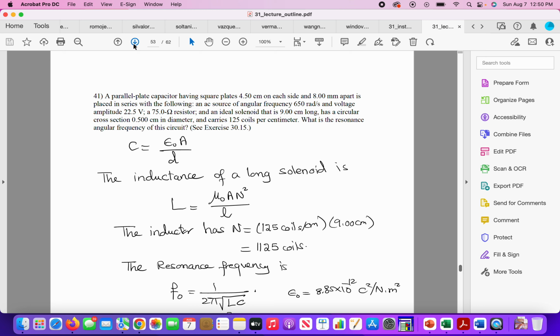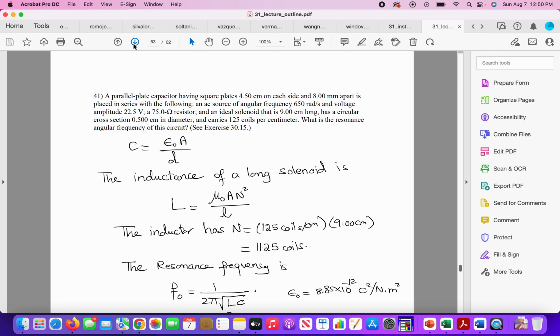An AC source of angular frequency 650 radians per second and voltage amplitude of 22.5. This is the information for the source. A 75 ohm resistor.